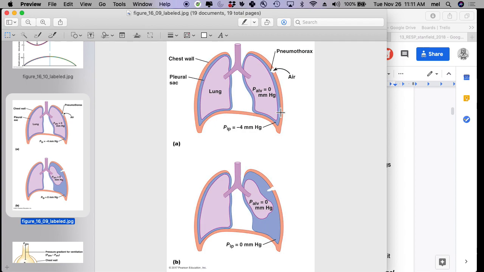Then what is going to happen is these elastic structures are going to collapse onto themselves because this pressure equaled atmospheric pressure instead of being a vacuum. Okay, so in order to collapse a lung, we will see that you don't even have to touch the thing. All you have to do is allow atmospheric pressure into the pleural cavity, and then the elasticity of the lung will collapse down on itself.